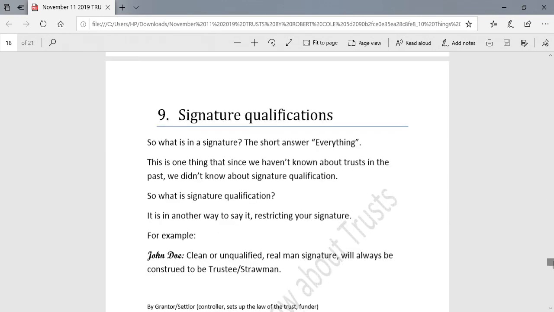9. Signature qualifications. So what is in a signature? The short answer: everything. This is one thing that, since we haven't known about trusts in the past, we didn't know about signature qualification. So what is signature qualification? It is another way to say restricting your signature. For example, John Doe, clean or unqualified, real man signature, will always be construed to be trustee/strawman.